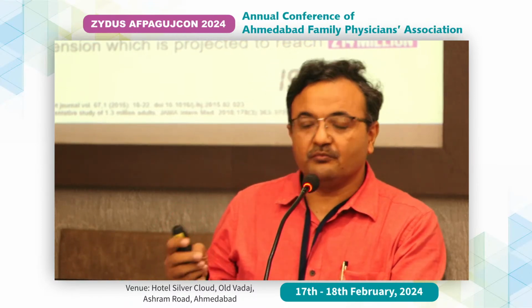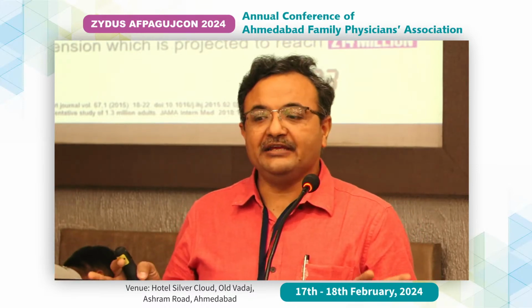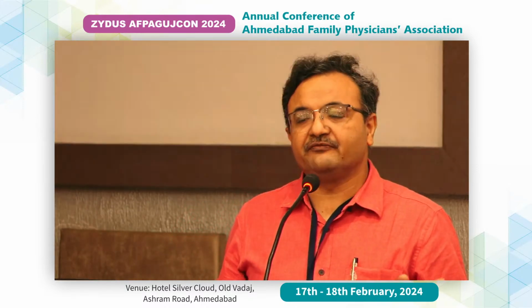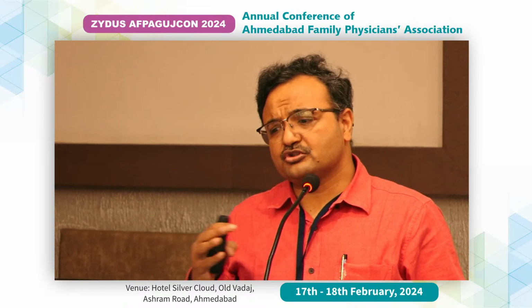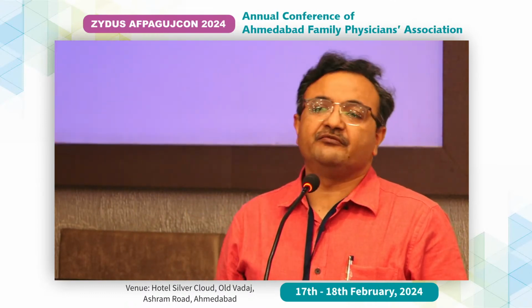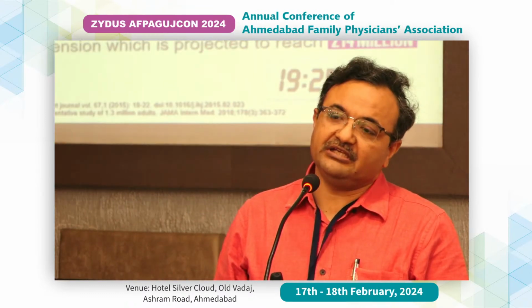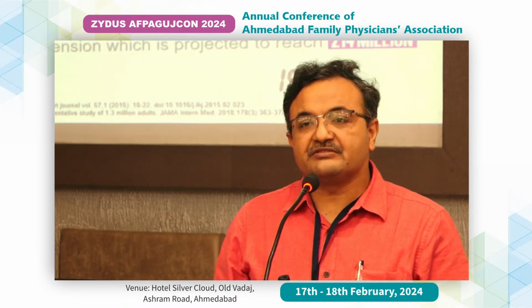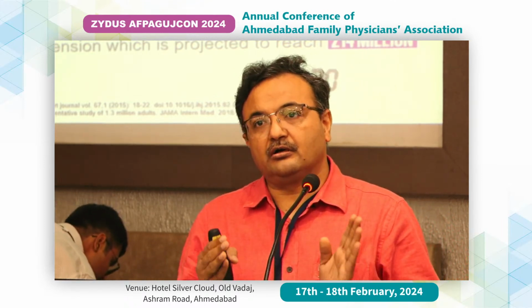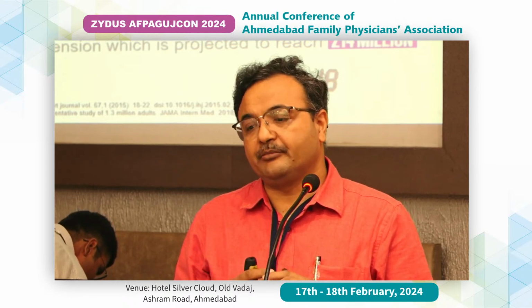We all know about hypertension and why it is important, and what the priority is for India. We are seeing a growing number of hypertensive patients, and now even patients under 60 years are getting hypertension.